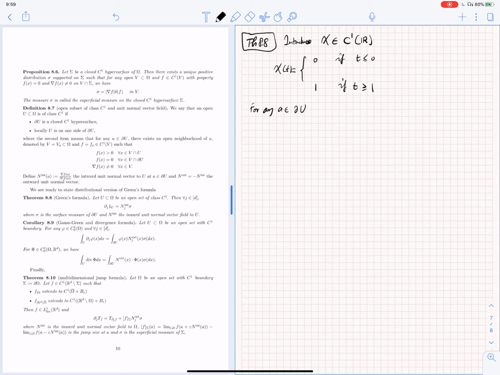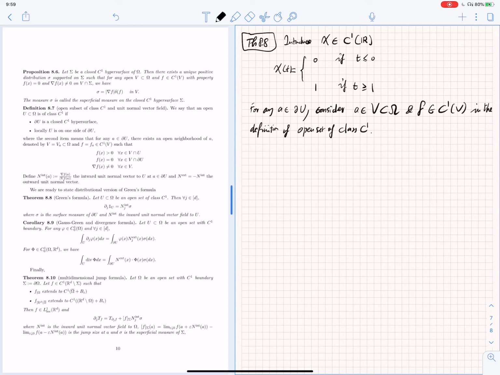For any boundary point, we consider a neighborhood of A called V, and a function f in C1(V) from the definition of an open set of class C1.